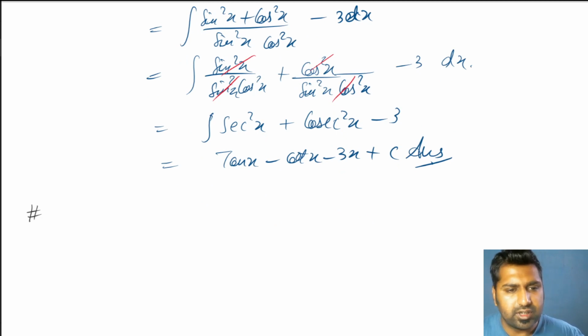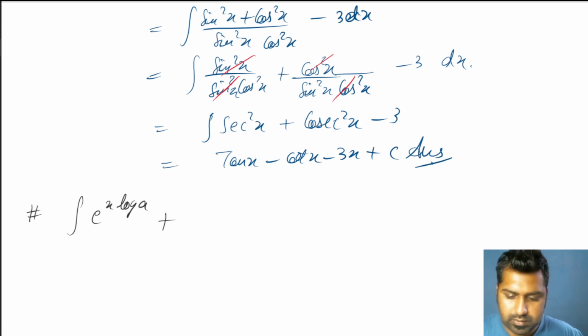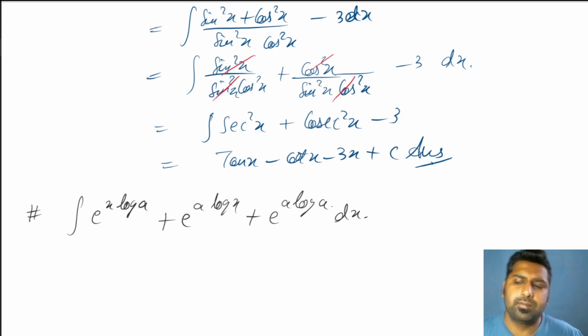Let's go through more fundamentals. Integration, again same property: e raised to power log a, sorry, this question is just trying to confuse you. a raised to power x plus e raised to power log x raised to power a plus e raised to power log a raised to power a dx.